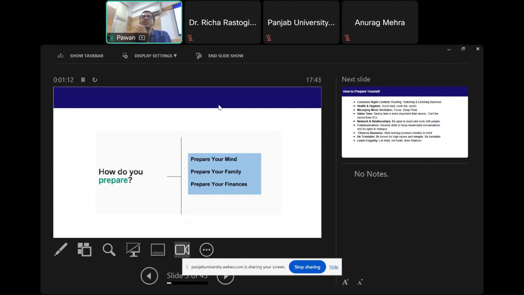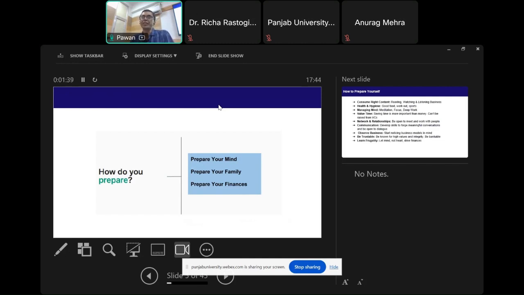Three things. First, you need to prepare your mind. There is a mindset which is important for running a business, for doing a startup. I'll talk about what that means, what kind of shift it means. Second is to prepare your family, because this is a long and tough journey. Doing a business is not easy. It has a lot of financial, emotional, physical risks. So you need your family support to be around.